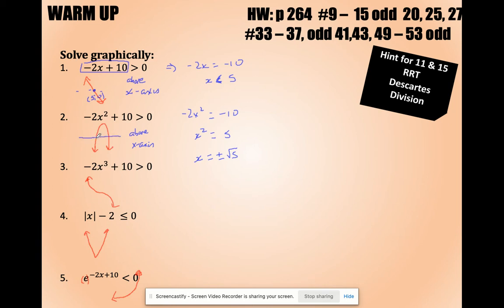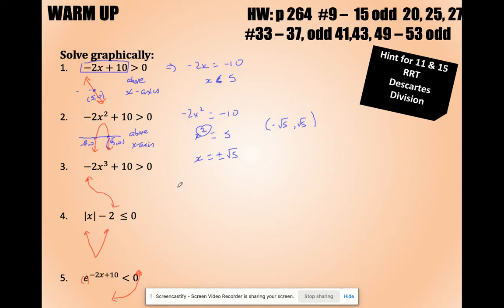The x-intercepts are (negative root 5, 0) and (positive root 5, 0). So where is this graph above the x-axis? See what would happen if you forgot how many things can you square and get 5? You're not simplifying a radical. You're solving a quadratic equation.